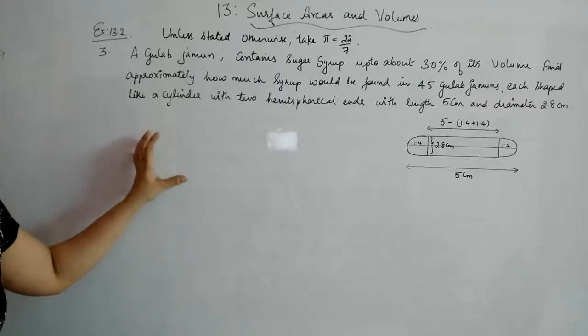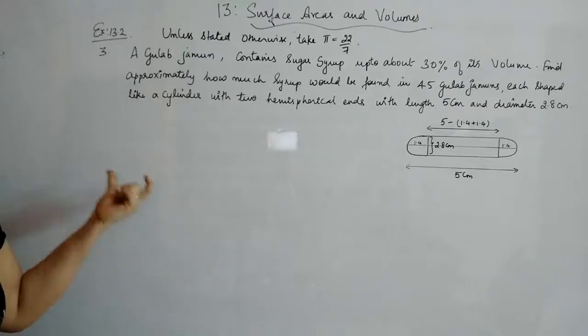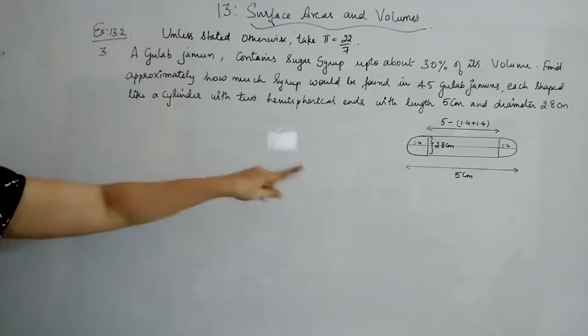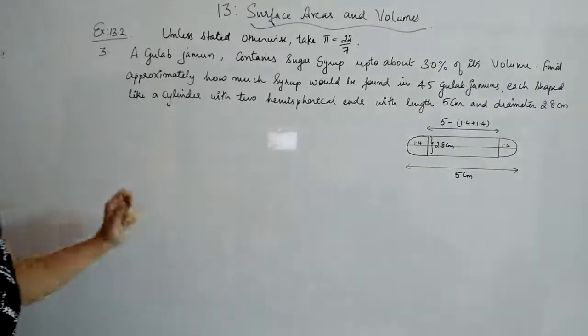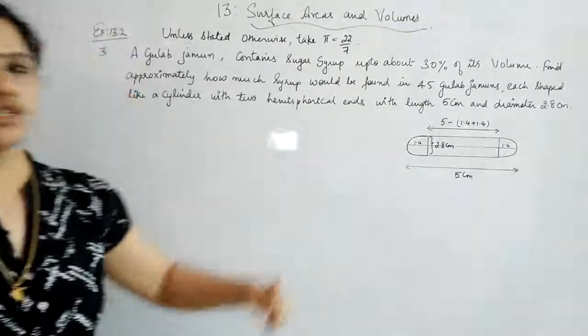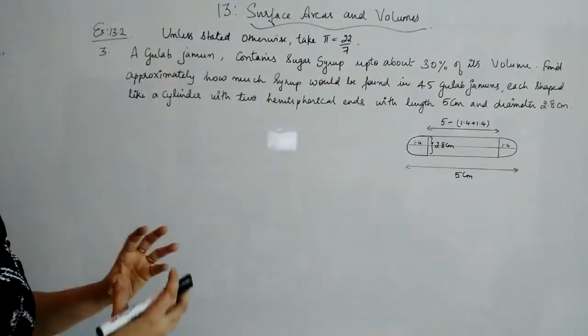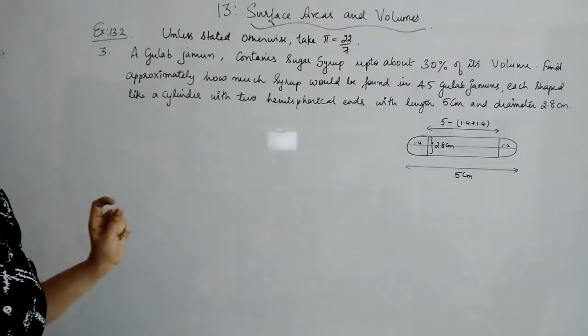There has been given a figure, a container in which you have 45 gulab jamuns, and one gulab jamun, its every measurement is given. We have drawn a single gulab jamun, of which the total length is given to be 5 centimeter, and that has been attached with the cylinder. At its ends you have 2 hemispherical shapes.